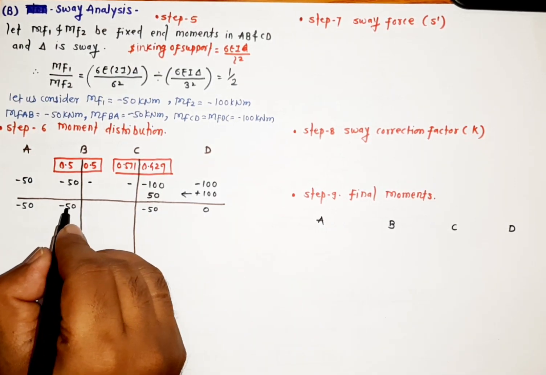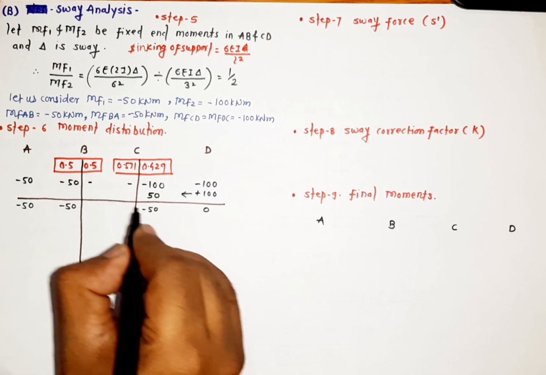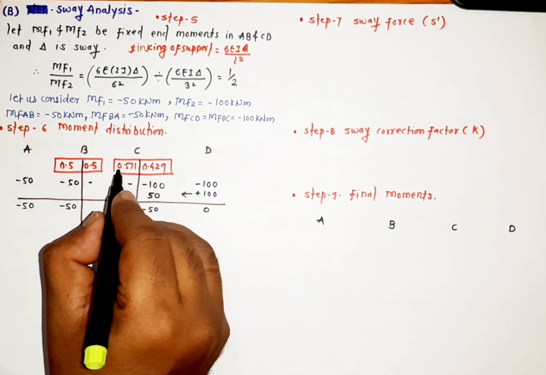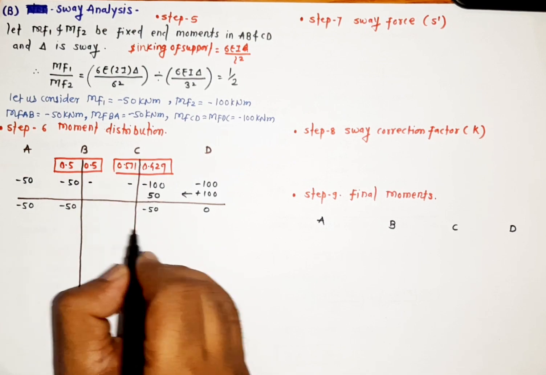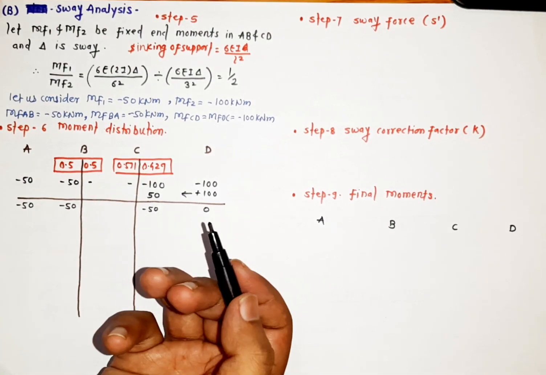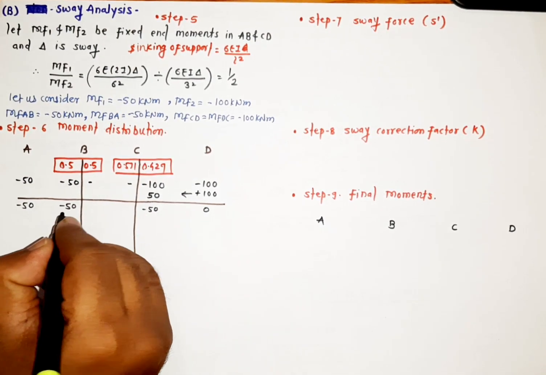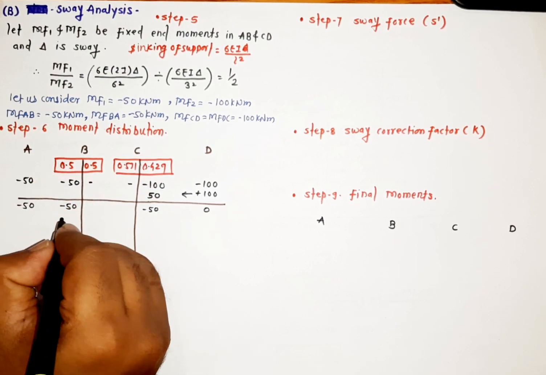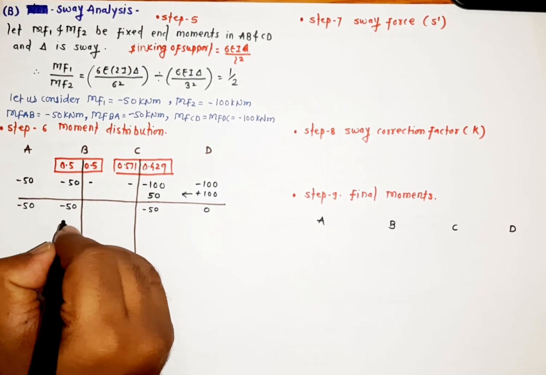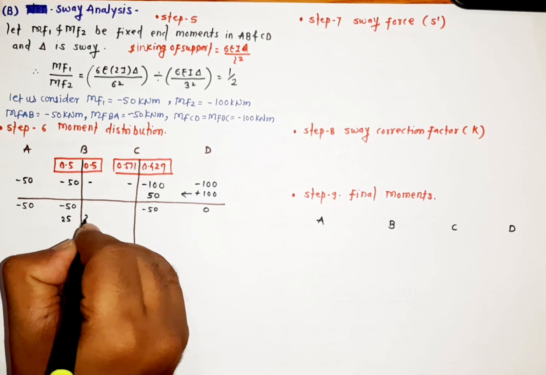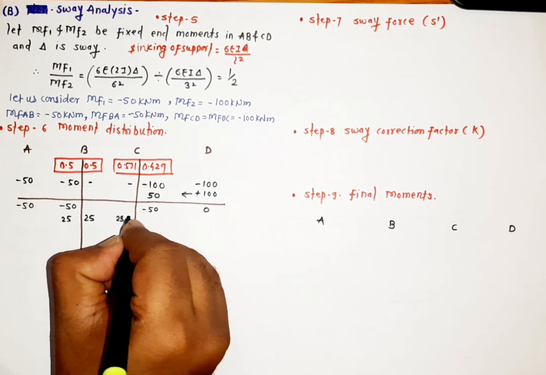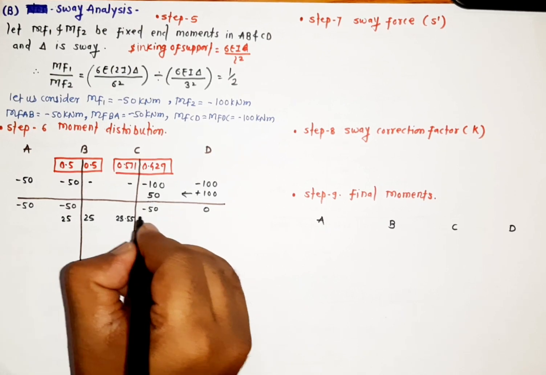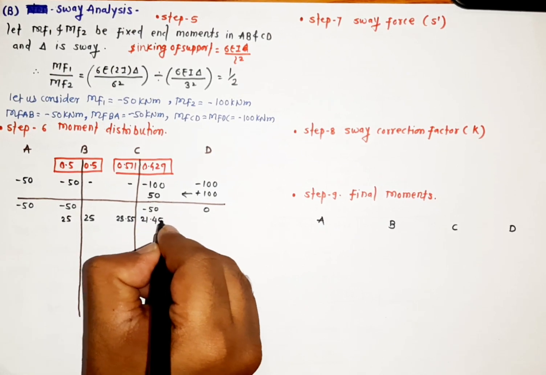What to do now? 50 into 0.5, 0.5, and 50 into 0.571, 0.429. That multiplication we have to do and write down here with the opposite sign. Same as what we did, it will be 50 into 0.5 and write down in the opposite sign. It will be 25, this will be 28.55 and this will be 21.45.